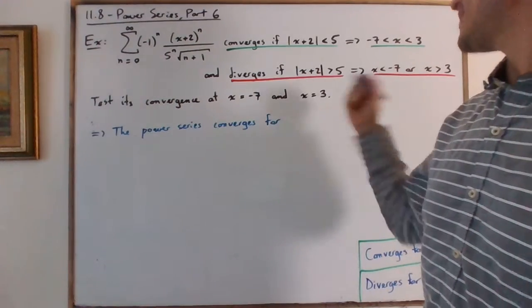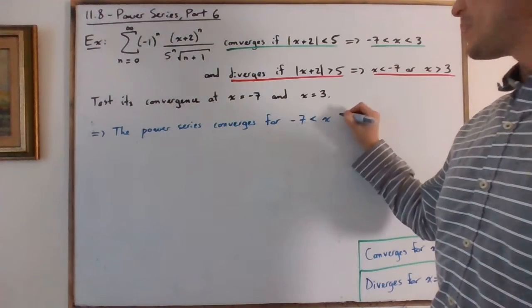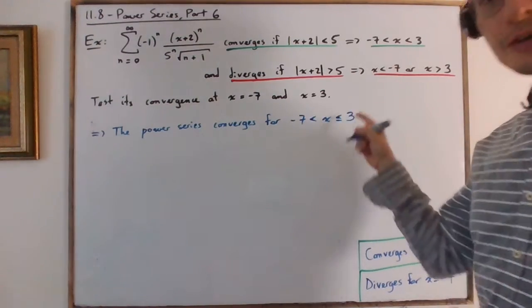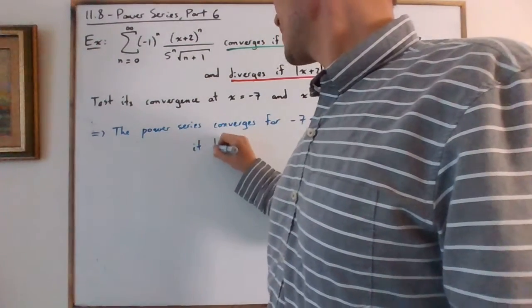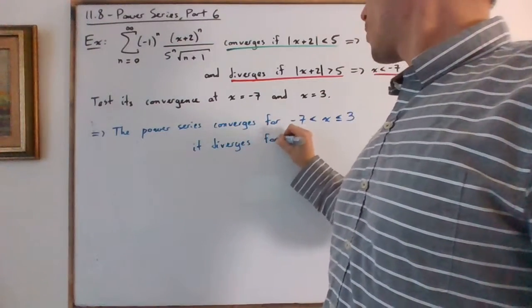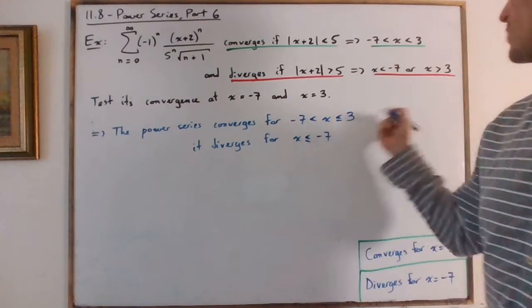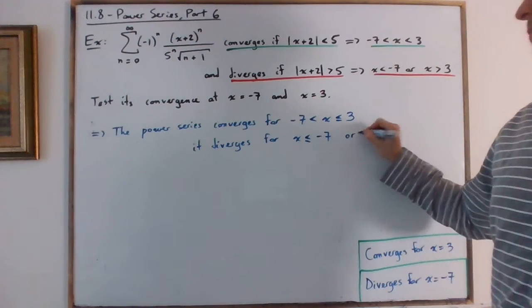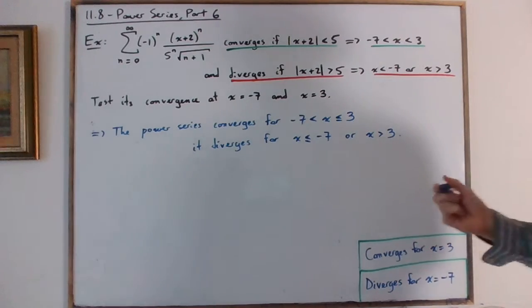It diverges at -7, but it converges at 3. So now you include it. And it diverges for x smaller or equal than -7, or when x is strictly greater than 3.